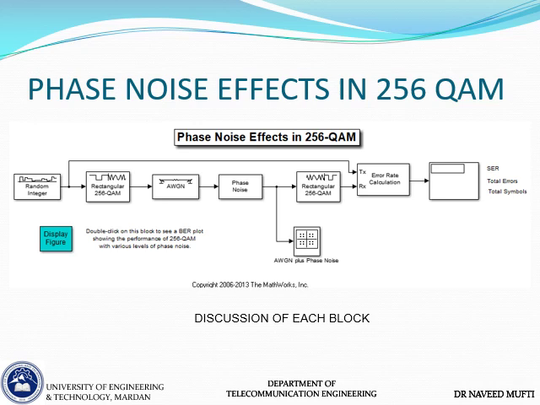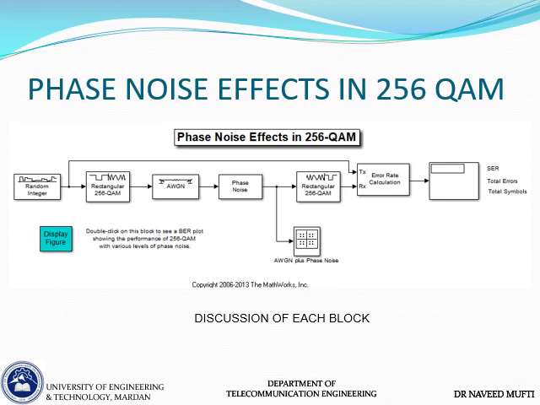The last block is display, which displays the errors. In the display there are three values. The first is symbol error rate, SER. The second is the total number of errors observed till that time, and the third is the total number of symbols transmitted at that time. That is basically what this digital communication system has.